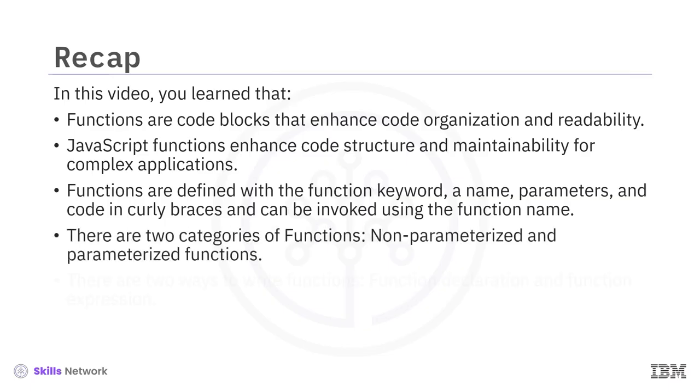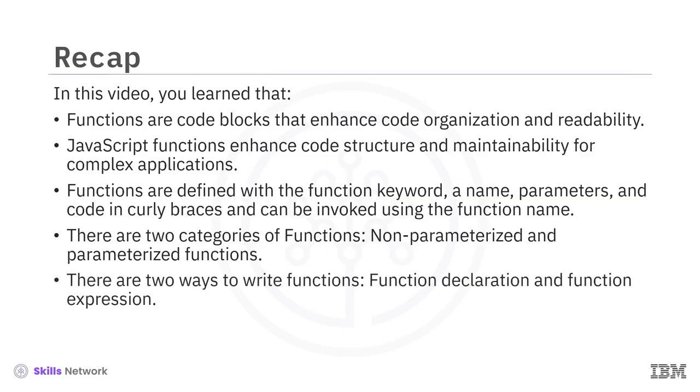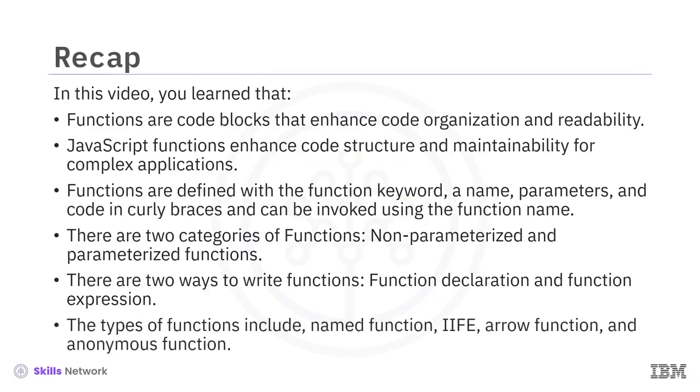There are two categories of functions: non-parameterized functions that operate without specific input, and parameterized functions that accept input parameters defined in the function's declaration. There are two ways to write functions. Function declaration is the traditional way, and function expression uses variables. And the types of functions include named function, immediately invoked function expression, IIFE, arrow function, and anonymous function.